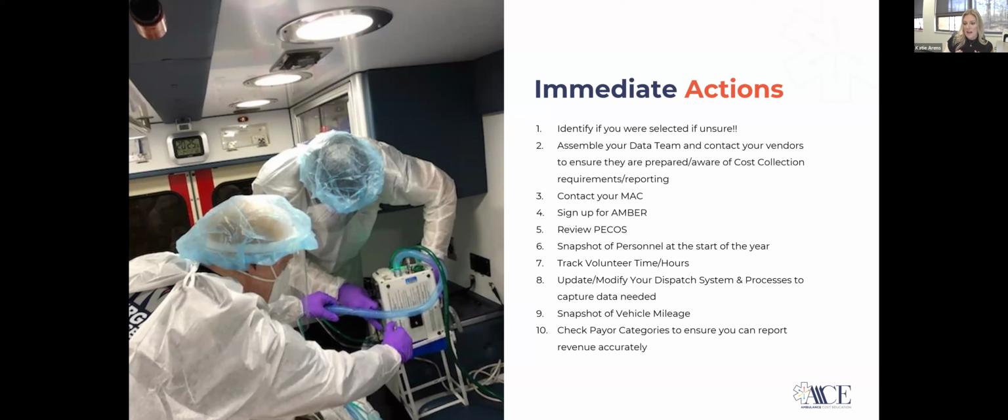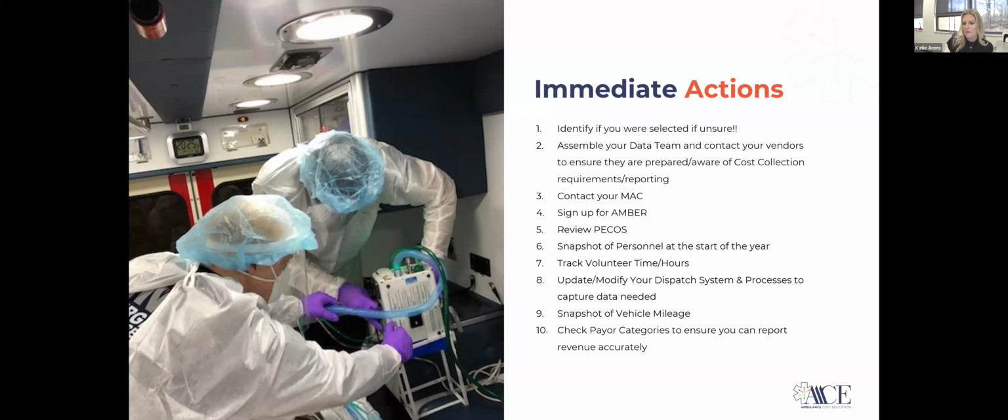PACOS is actually the system that Medicare holds all of your enrollment information in, and you want to make sure that you are going through and reconciling that your PACOS enrollment is up to date. If you're reporting vehicles in your survey that you haven't reported to CMS as actually your agency using from an ambulance standpoint, you want to make sure you've got all of that covered in your enrollment record.